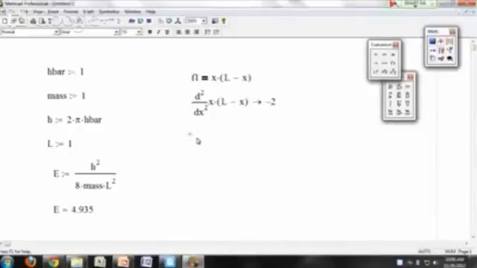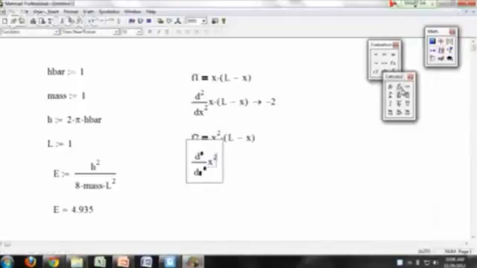And if I wanted f2 to be x squared times L minus x, what's my second derivative of that going to be? x squared times L minus x, second derivative. It's just 2 minus 6x.